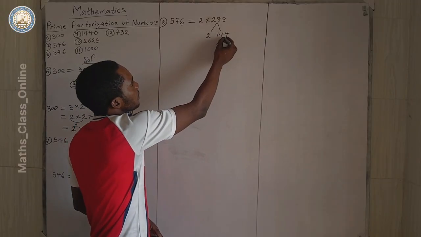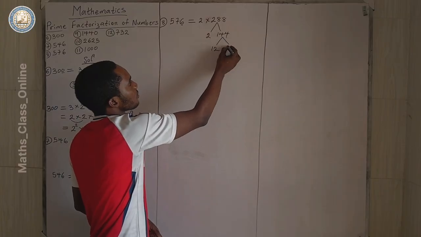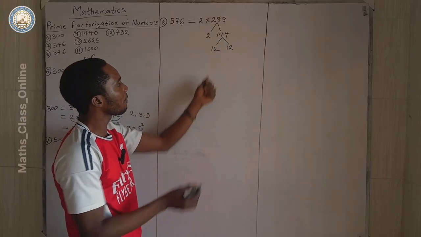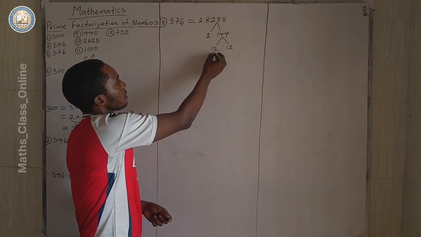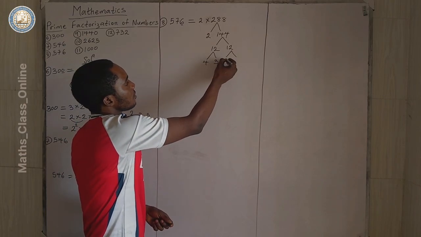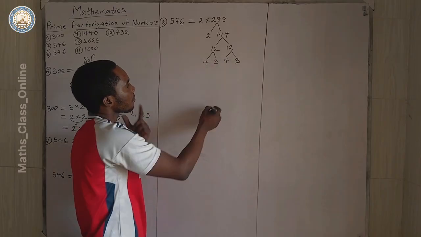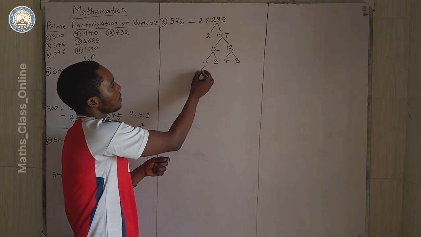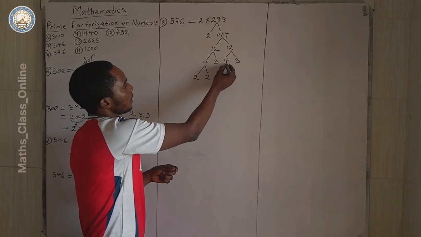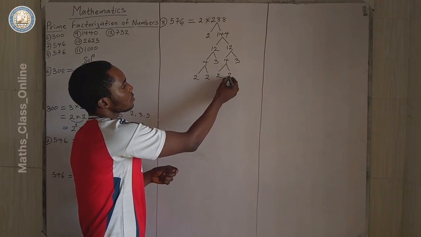I can have this to be 12 times 12. This is not a prime number. Reduce it. This is 4 times 3. And also this is 4 times 3. 4 is not a prime number. We have this to be 2, 2. Also here, 2, 2.